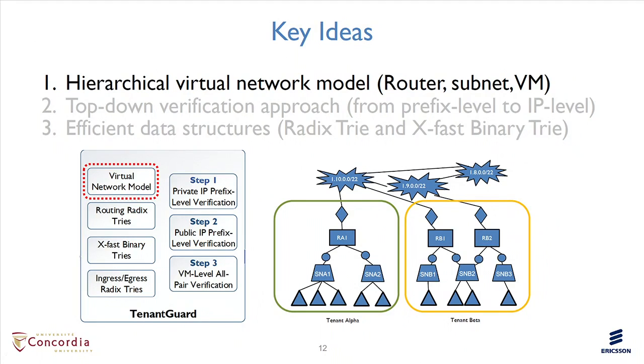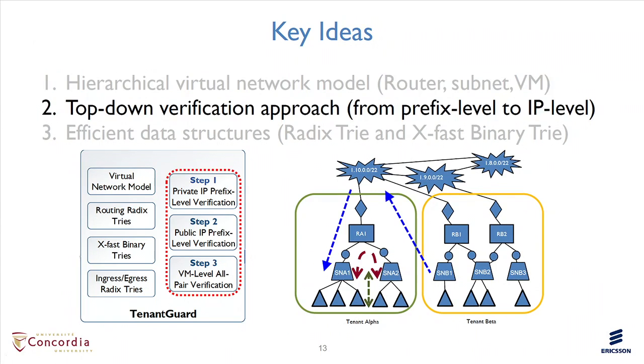At first, we devise a hierarchical model of virtual networks. We identify different components of a virtual network and their interconnections so that we can formularize this problem of reachability. In the next step, we propose a top-down verification approach where we start with prefix-level isolation verification and then selectively go down to IP-level verification, or in other words, VM-level isolation verification.